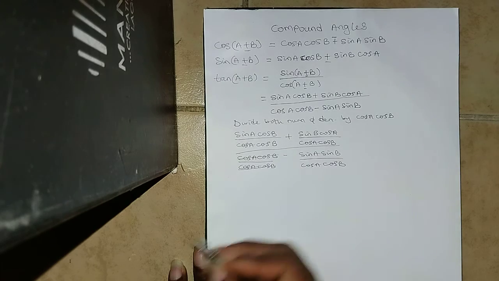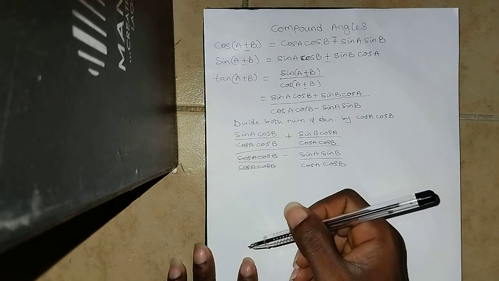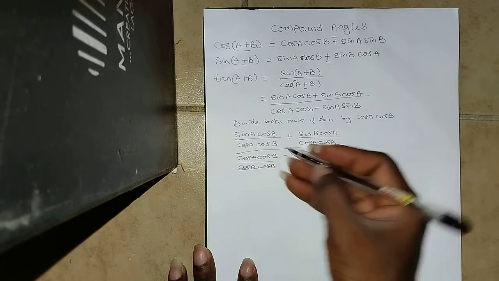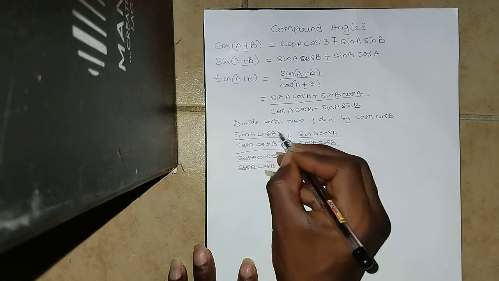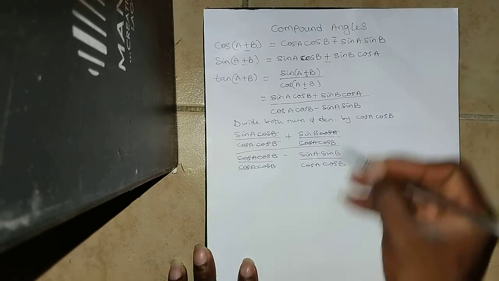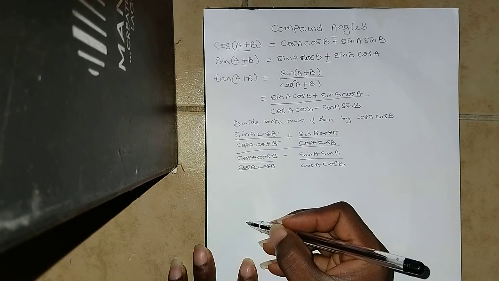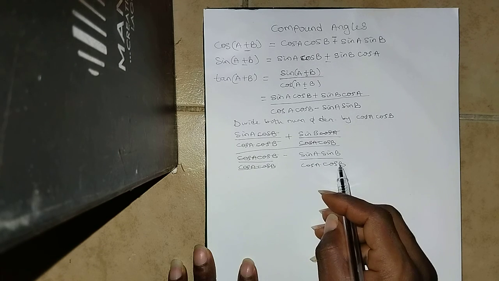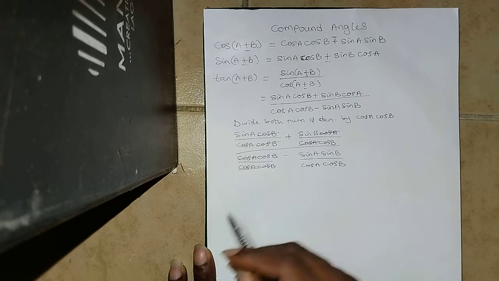The reason I'm doing this is so I can cancel out the cos A and cos B. Cancel this. And which other place do I have cos A cos B? I have my cos B here, I have cos B, I cancel this. I have cos A here, I have cos A here, I cancel this. And so that should be the whole I can cancel for now. Yes.